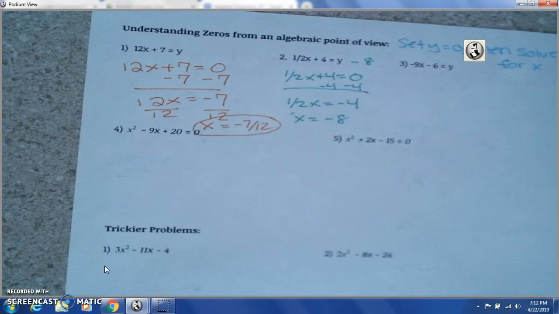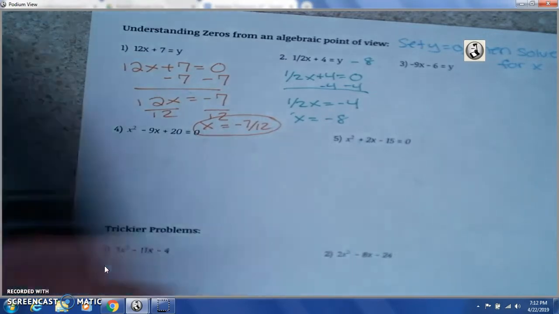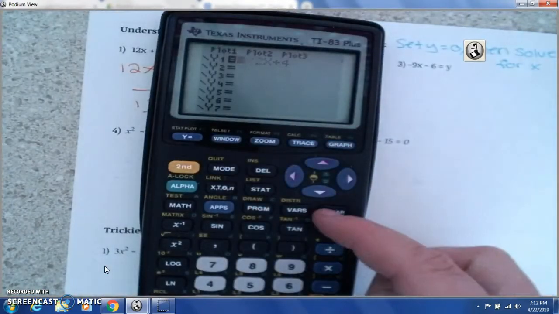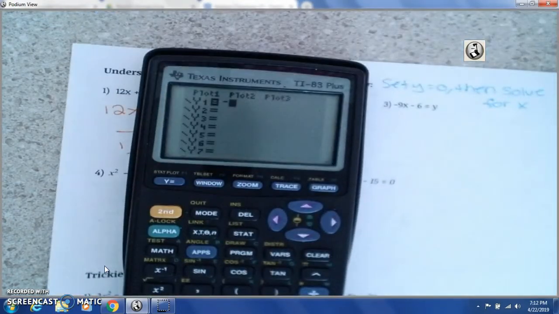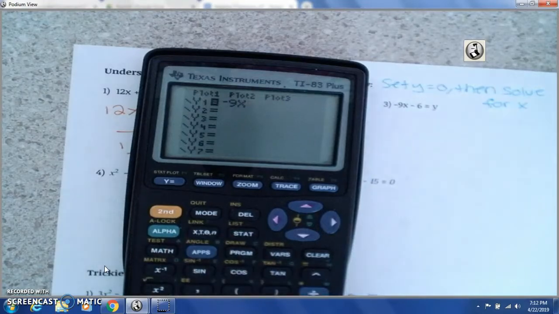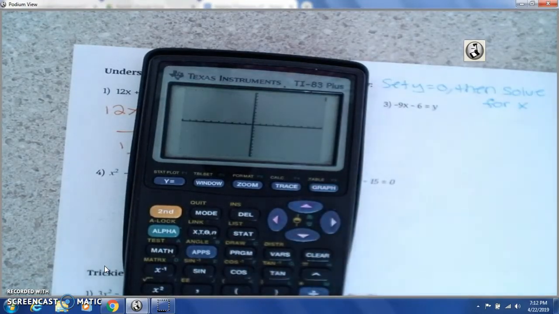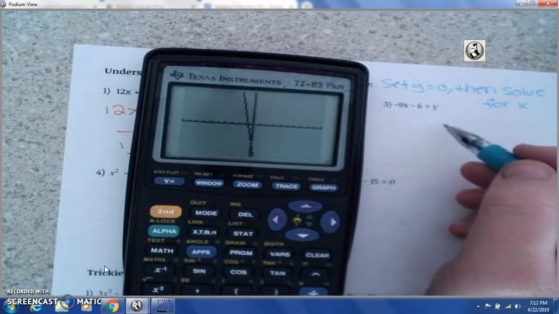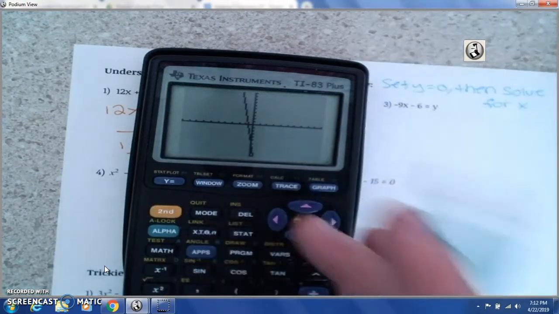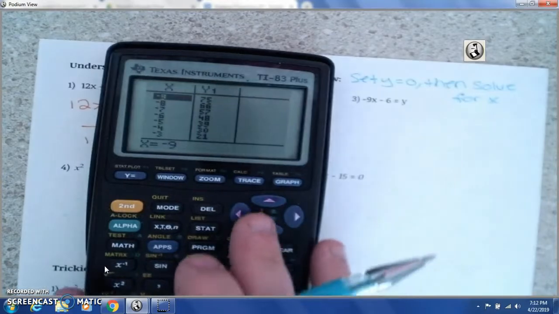And again, for number 3, I can put it in my calculator. Negative, not minus, negative 9x minus 6. Let's graph that. Okay, looks like -1, maybe. Or is it between? It looks like it might be between. Let's check our graph out.